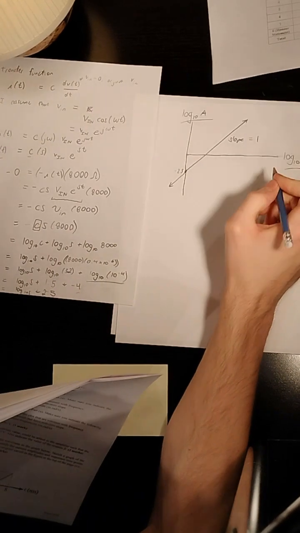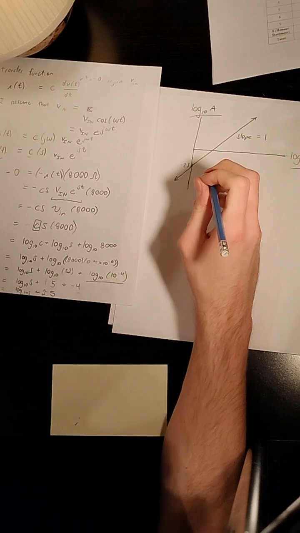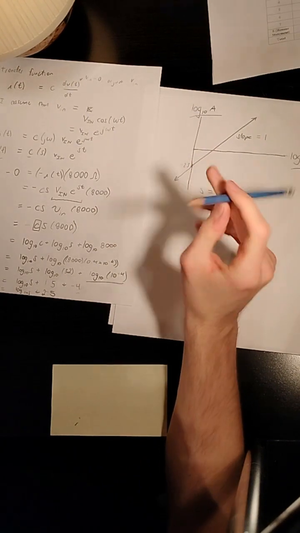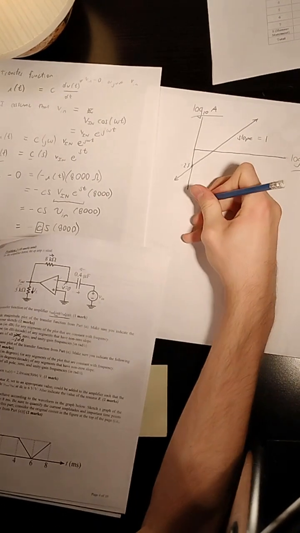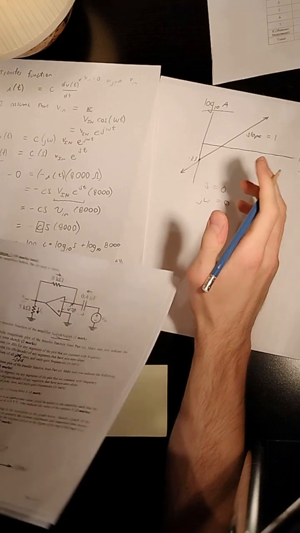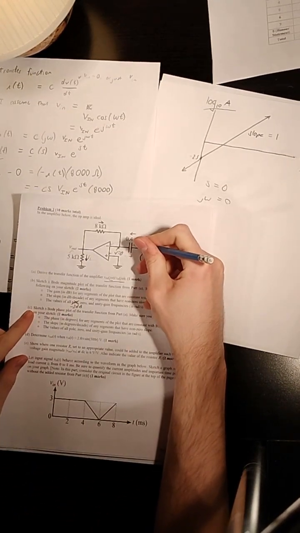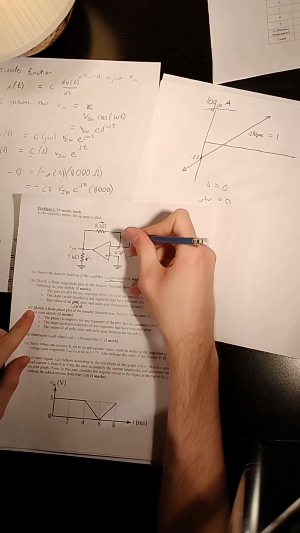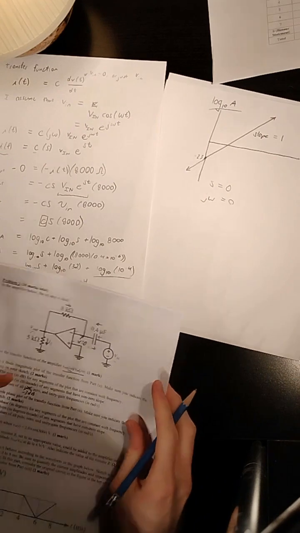And log 10 of S is negative infinity when S is equal to 0. So your 0 gain point is when j omega is equal to 0, or with DC. And what happens when you have DC is no current's getting through that capacitor. So, of course, the voltage across this resistor is going to be 0. So, it checks out.